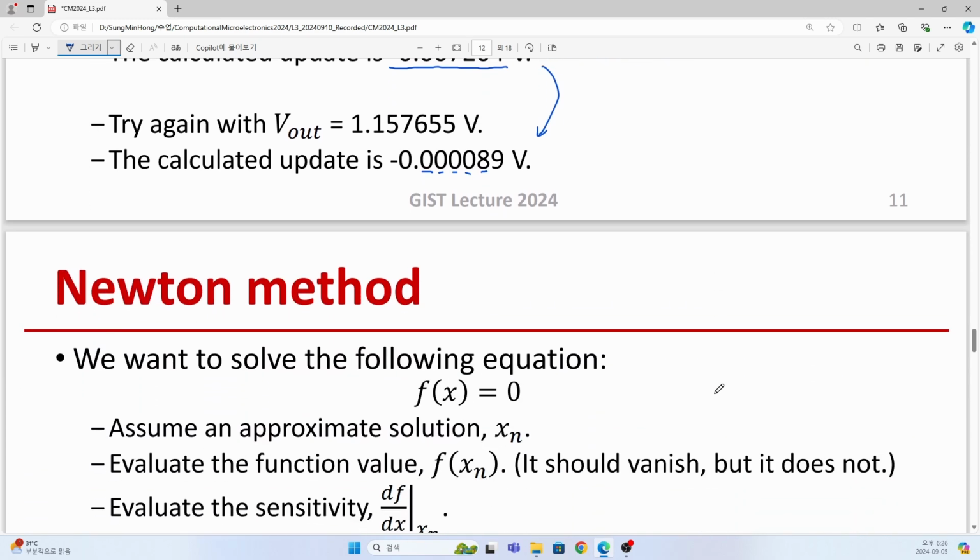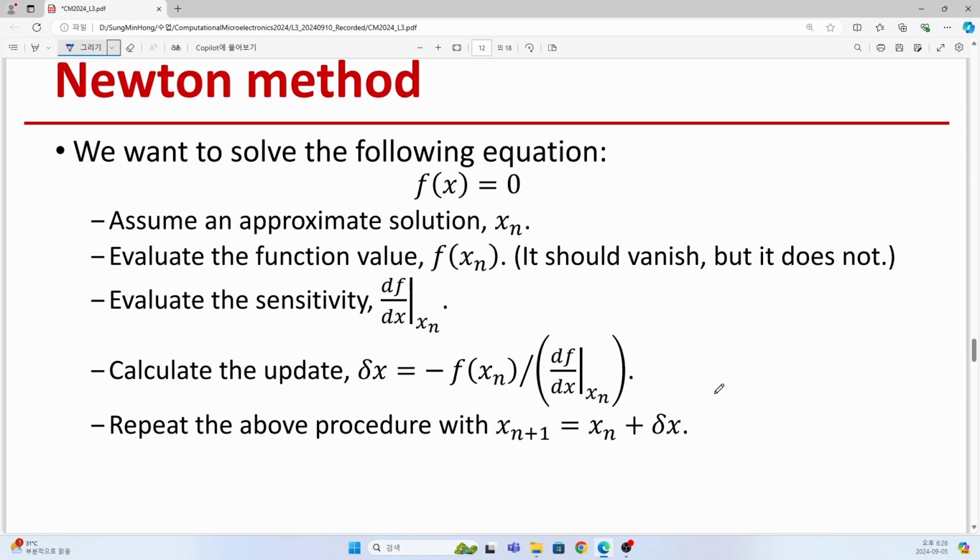Oh, sounds great. So this method is, as I told you before, the Newton method. And let me give you a more formal introduction of this Newton method. Let's assume that we want to solve a certain equation.